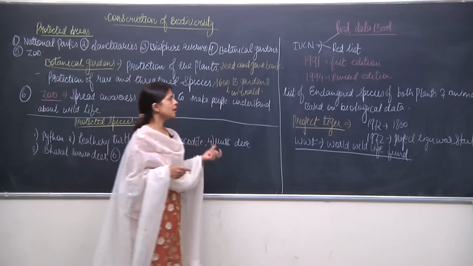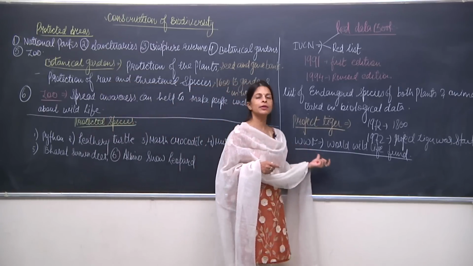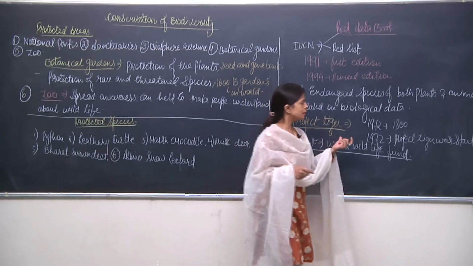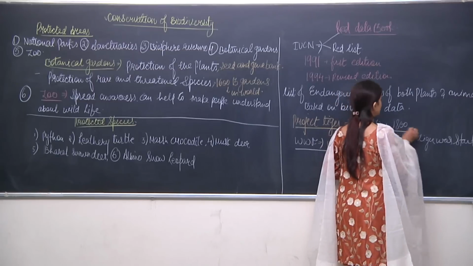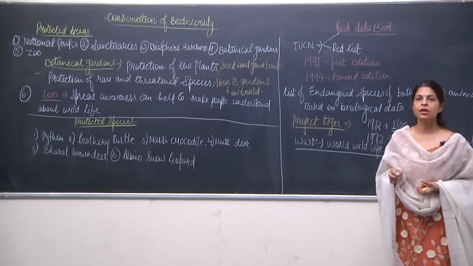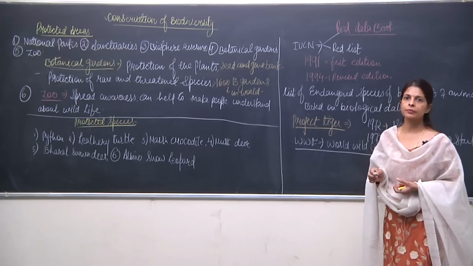This came into existence only because the counting was done, because the government knew that the number was decreasing day by day. It had become 1800, which was a real worry.